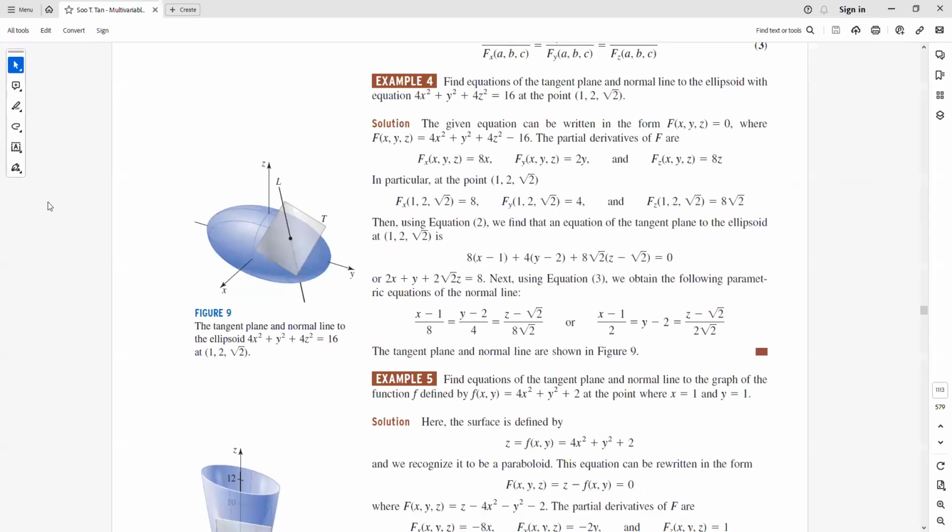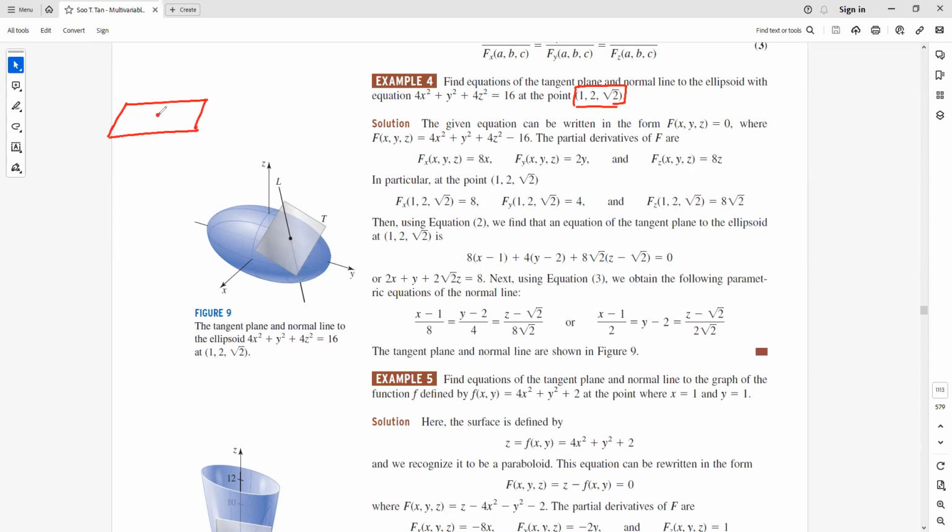Now see here, we have a question: find the equation of the tangent plane and normal line. So first we'll talk about the tangent plane, and the equation that is given is the ellipsoid, and we need to find the tangent plane that contains this point, right? So first of all, let us talk about the perpendicular vector that we need to find for this tangent plane, right?